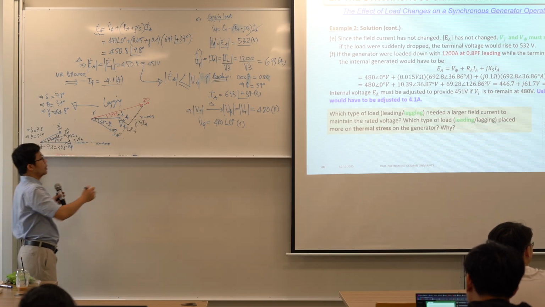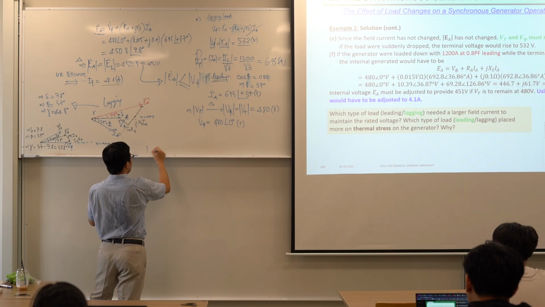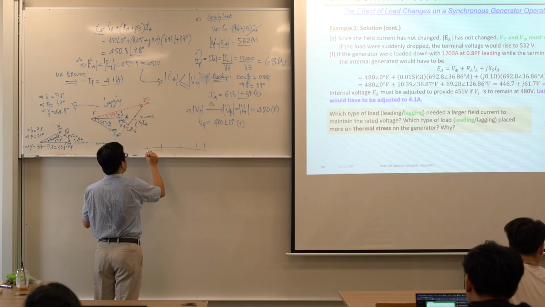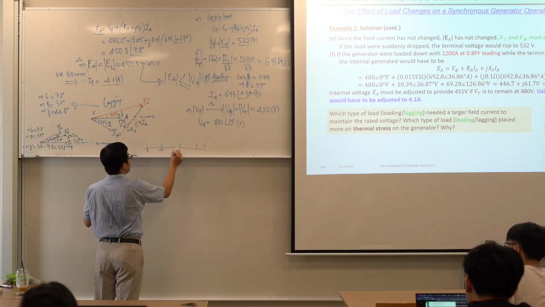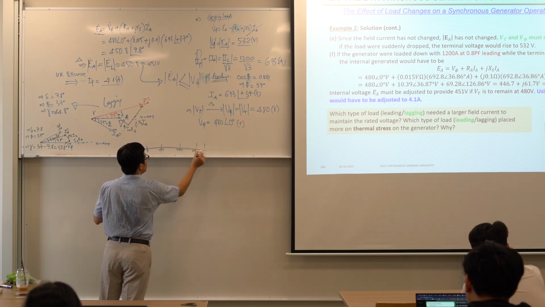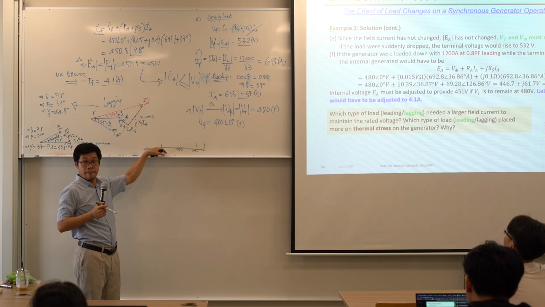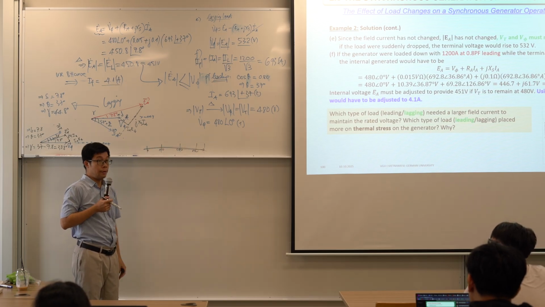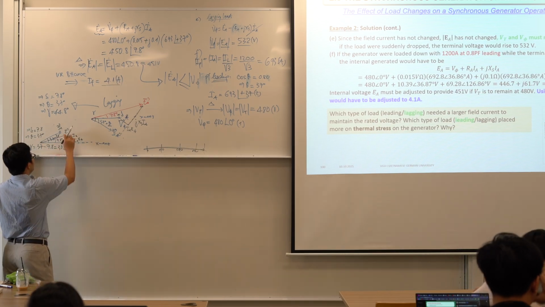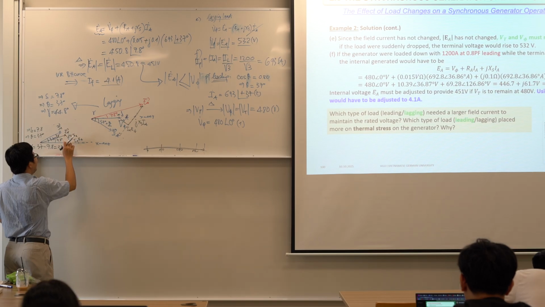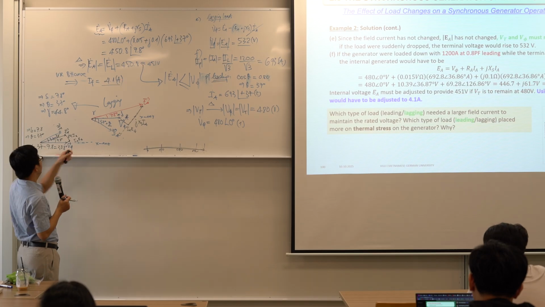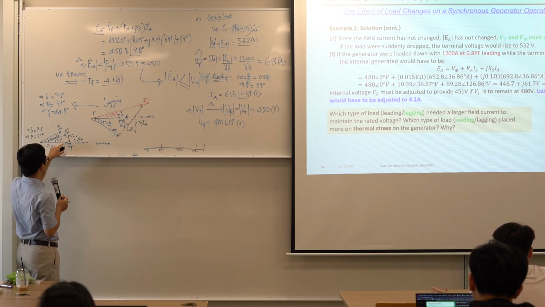That means for 480 volts, for example, here is 0, here maybe 150, here is 300, here is 450. You get more accuracy in the phasor diagram. You should make sure the magnitude of EA is less than the magnitude of V phase. This is 480, this is 450, so it's very difficult to recognize.